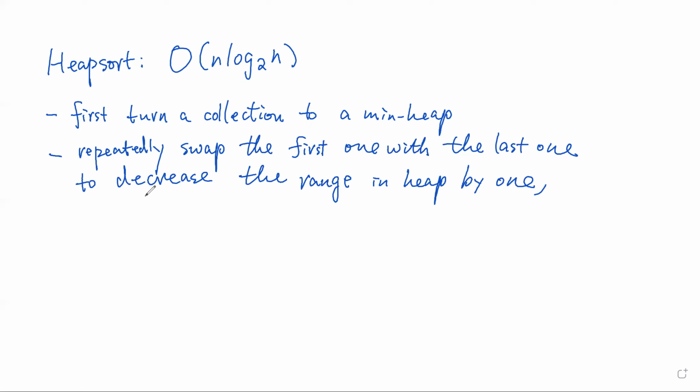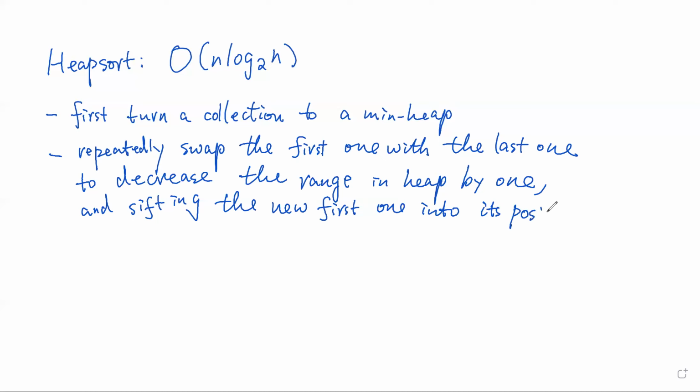You're going to remove the item, and then we are going to sift the new first one into its position. You remember we do the sift up in the heap.